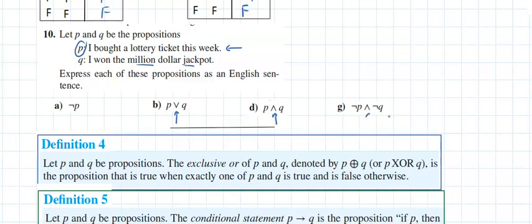And the last one, the negation of P and the negation of Q: I did not buy a lottery ticket this week and I did not win the $1 million jackpot this Friday.